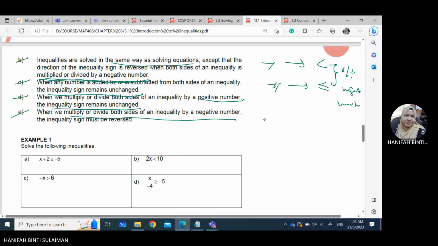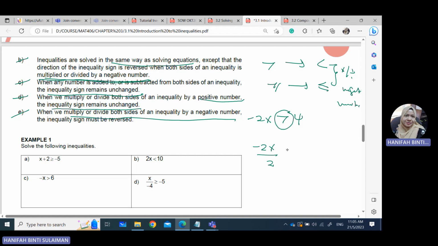Contoh, katakan kita nak selesaikan negative 2x which is greater than 4, for example. Okay, in order to solve for this x, we need to divide by negative 2. Kita kena bahagikan dengan negative 2 untuk dapatkan x ni. So negative 2x divided by negative 2. So this inequality sign will be changed.